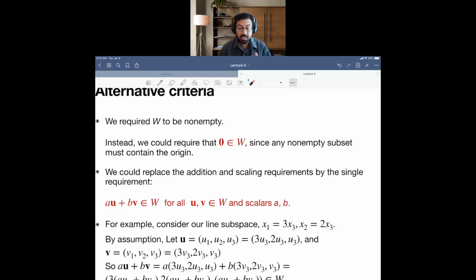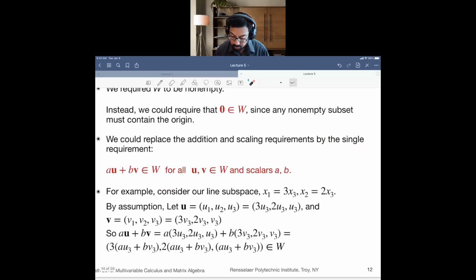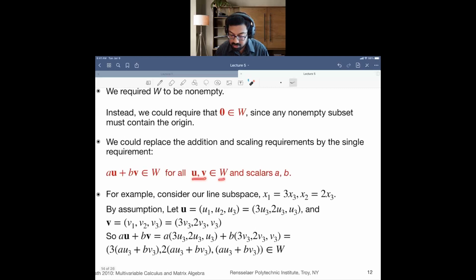Let's check whether au plus bv belongs to the subspace or not. So you're trying to do both the addition and scaling closure properties at once. For all u and v belonging to W and for all scalars a and b, does this result belong to W or not?